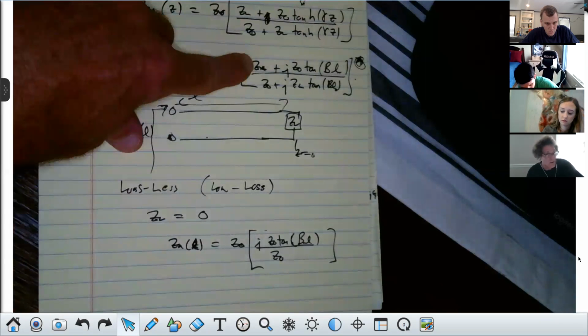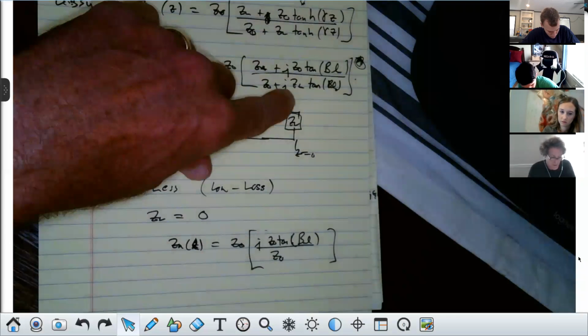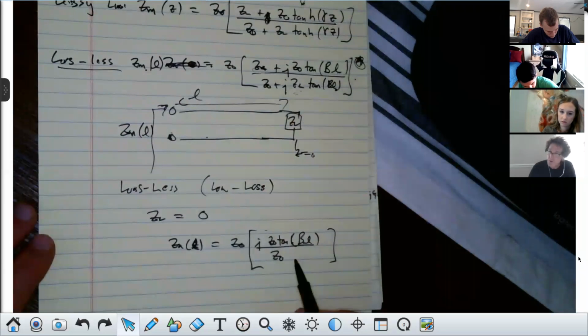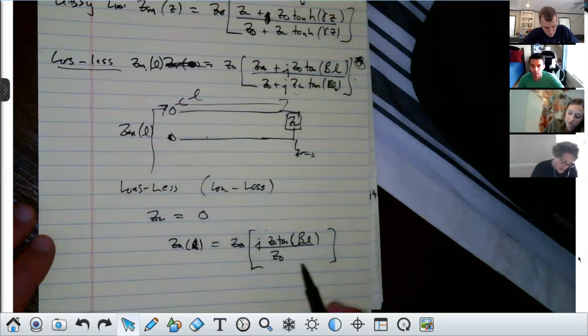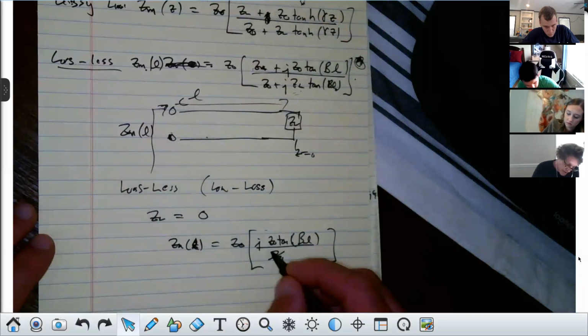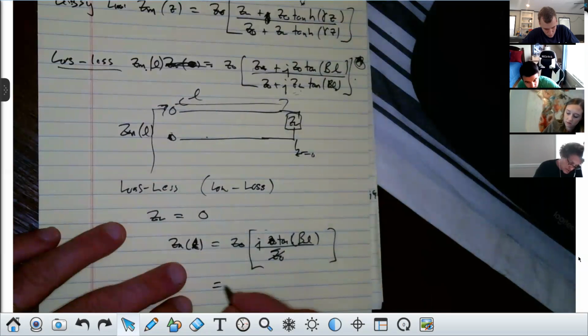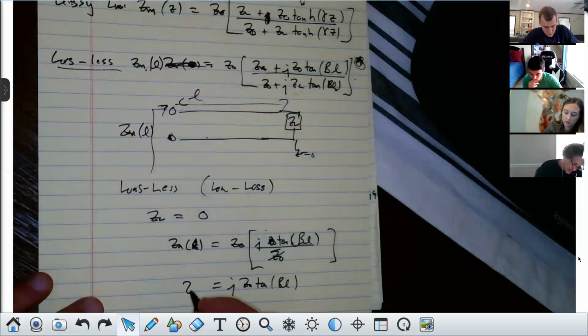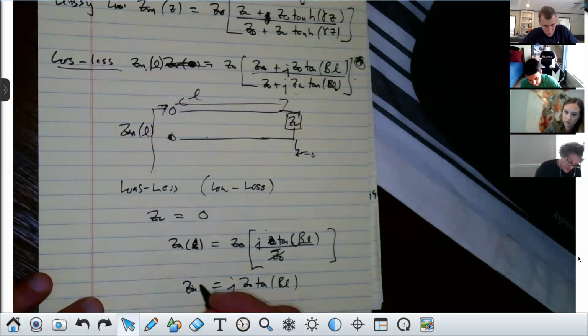That means here it goes to 0, and there it goes to 0. Gets rid of that term and that term. You all follow me on that, class? You can see that these Z naughts cancel. So my input impedance is j Z naught times the tangent of beta L. And that would be the input impedance at a distance L away.